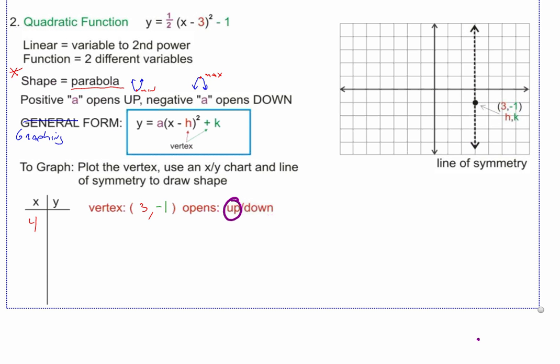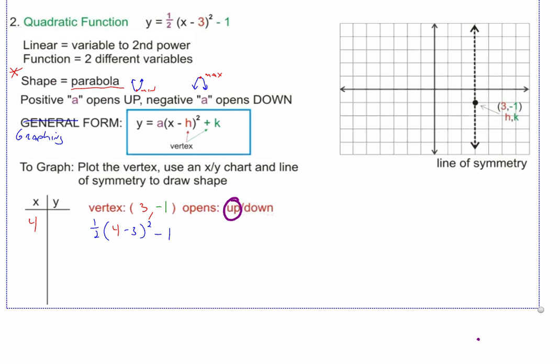All right. So now we got to take the function, and where the x is in red, I'm going to write in that 4. So I have 1/2 times the quantity 4 minus 3, quantity squared minus 1. Hey, be careful, order of operations. 4 minus 3 is 1. Follow?